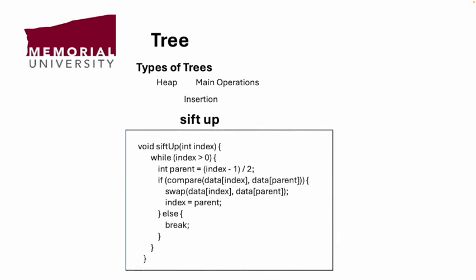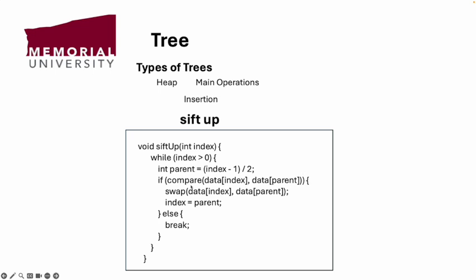Let's look at the code for shift up. Once we know the logic, let's apply the code. The code is very straightforward. Take a while loop. First we need to find the parent index. We pass the index, find the parent index, and all operations are on the array. This time there's no linked list, no pointer, all is array. We compare the inserted value with the parent value.